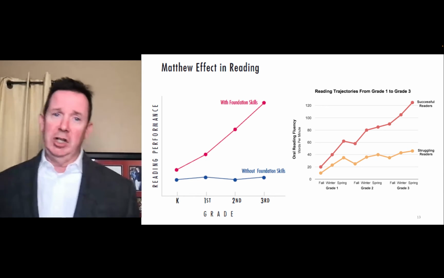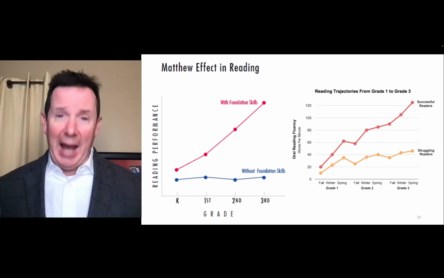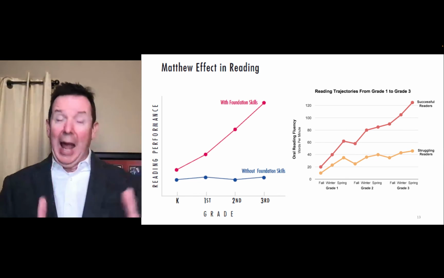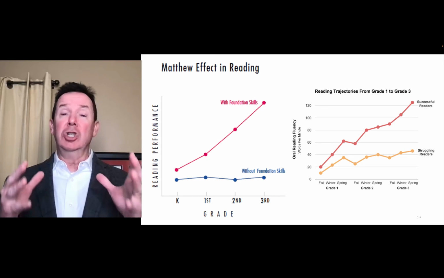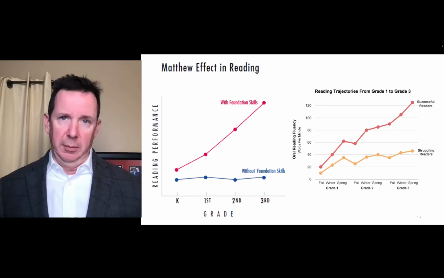Now, the challenge is several things. What I want to emphasize with this graphic is the gap. That gap is significant. That gap is huge. And that gap is definitely represented in terms of the reading element.